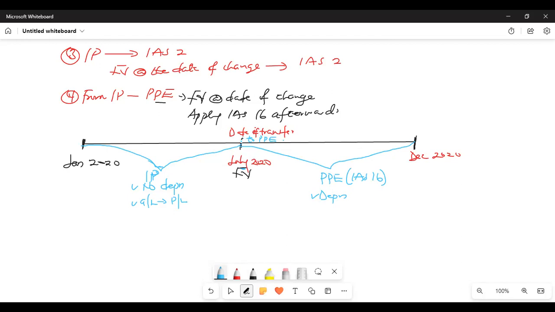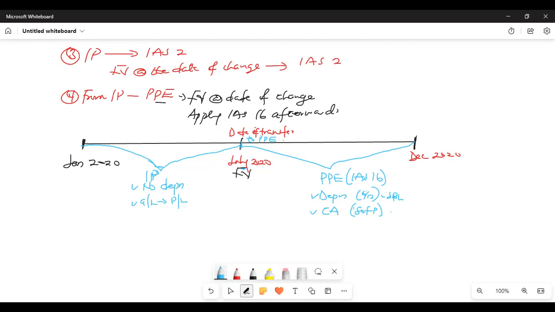And if this is what we are going by, your depreciation will just be half year, so it will be 6/12 per this analysis. Then don't forget you have your carrying amount. Your depreciation will go to your SPL, and your carrying amount, that is your cost minus accumulated depreciation, will go to your SOFP.